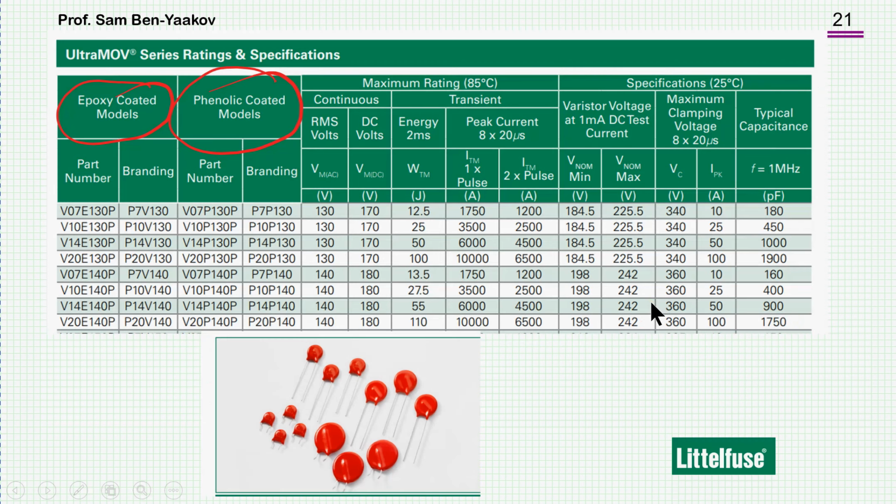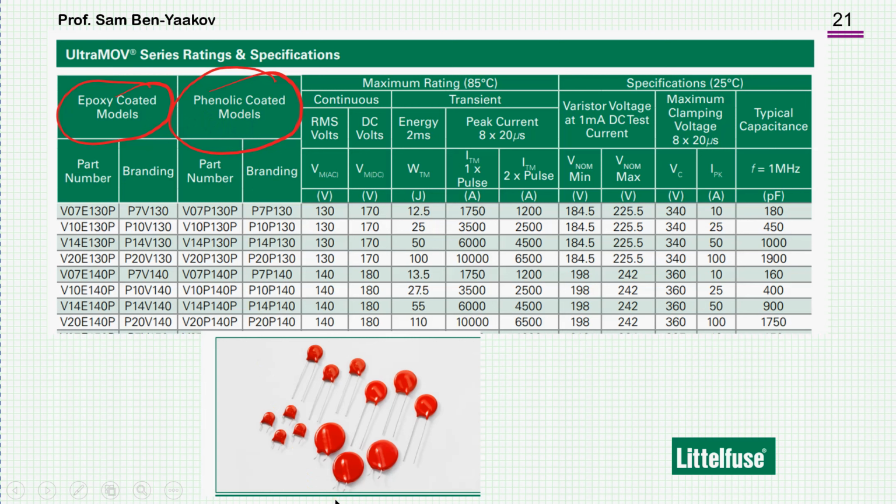So let's have a look now at some typical datasheet tables of a varistor. I've just picked one of the units at random. There's nothing special about it. These are disk type. There are many types of packaging and sizes in which you can find these varistors, of course. So this is just one example. They have here two types, one coated by epoxy and one phenolic.